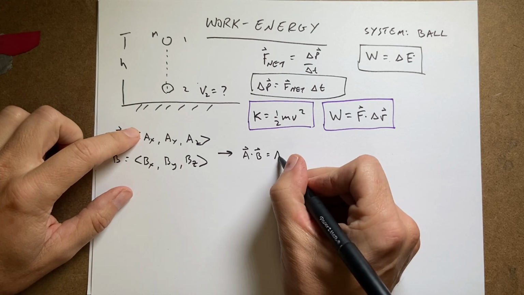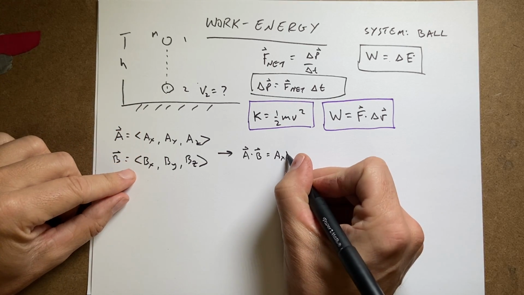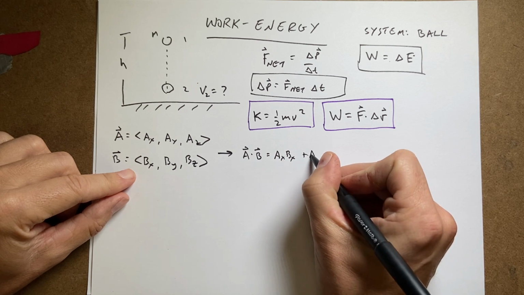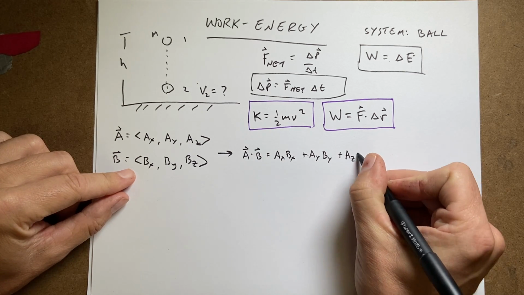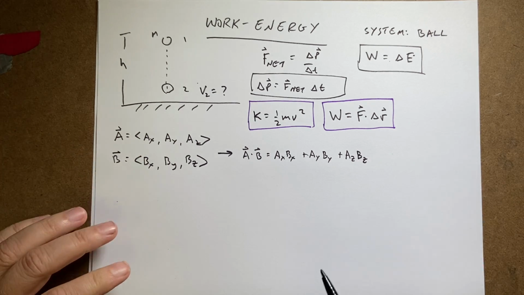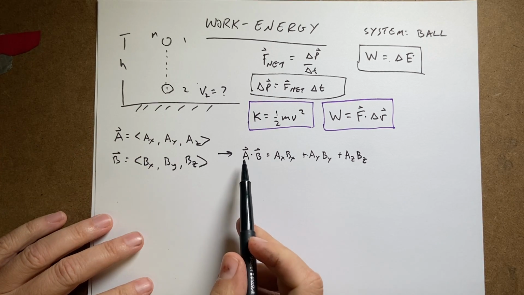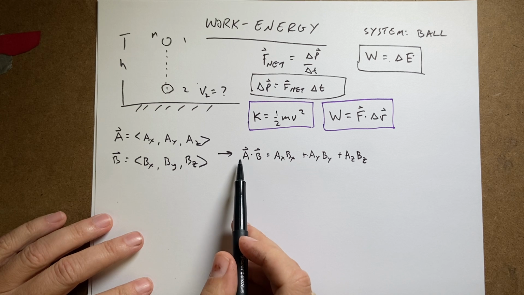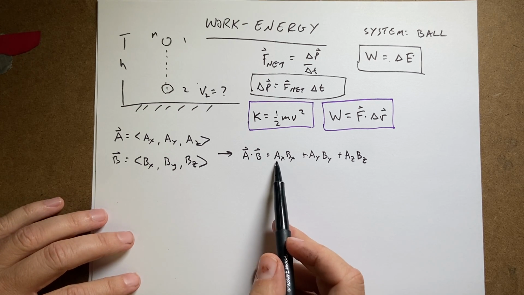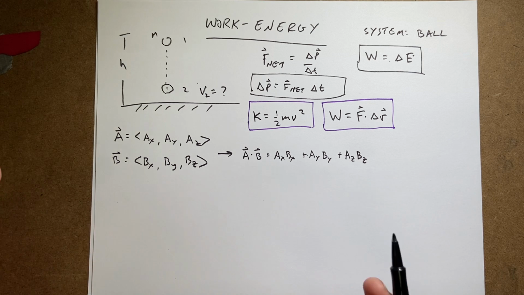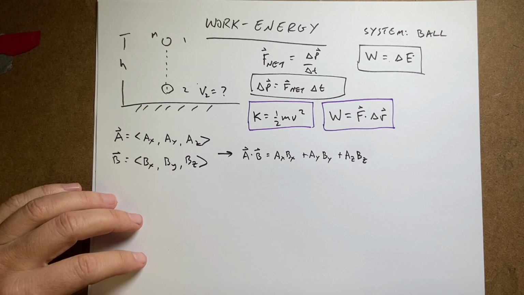So that'd be ax times bx plus ay times by plus az times bz. That's the dot product. And you'll notice that you can't have a positive or negative vector. We wouldn't say that, but the components can be positive or negative. So when I multiply and add this up, it's possible I could get 0, it's possible I could get a negative number, it's possible I could get a positive number, but it'd be a scalar.